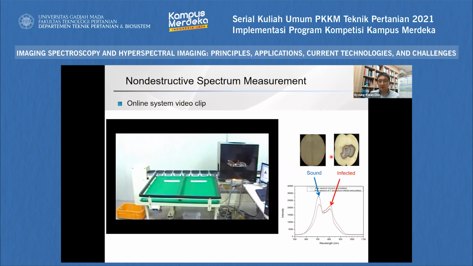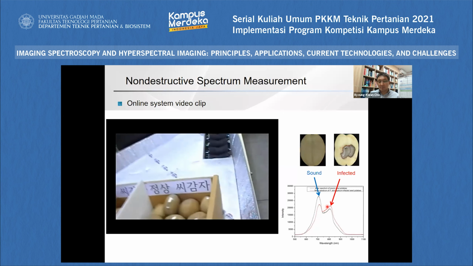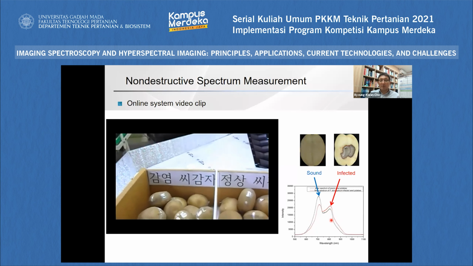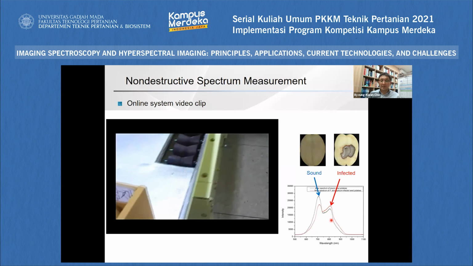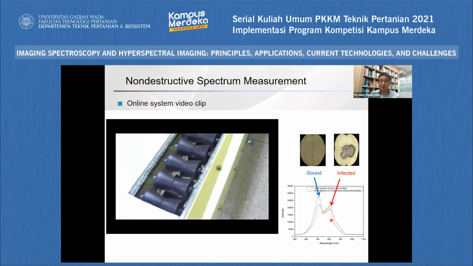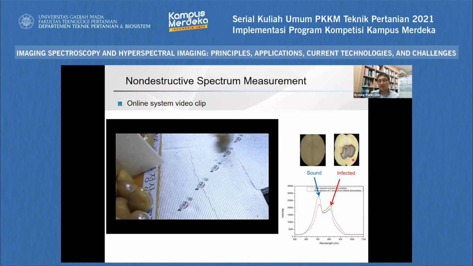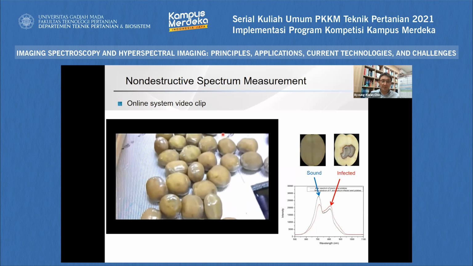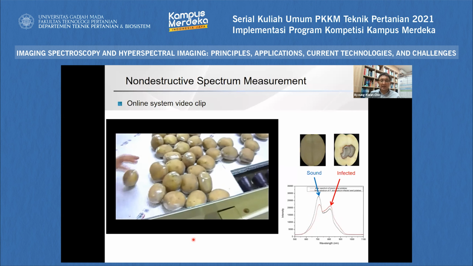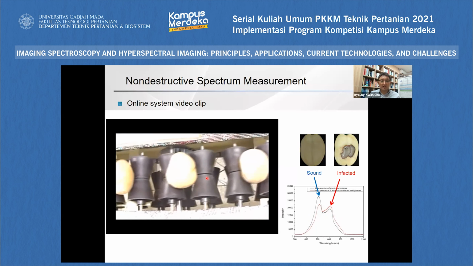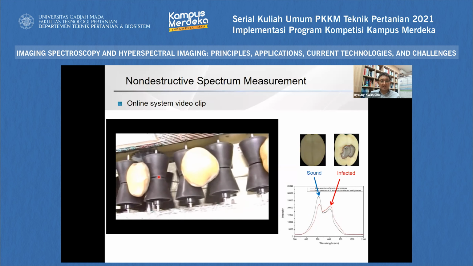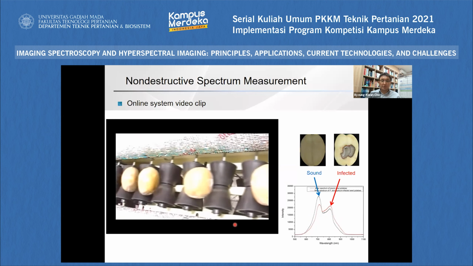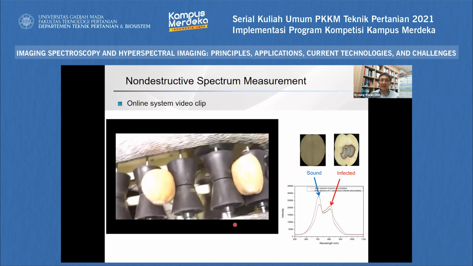The spectra of the sound potato and impacted potato become different, right? So using that information, we can make a prediction, I mean a classification model, to discriminate infected potato from sound potato. This is a blind test. We just dump impacted potato and sound potato together, feeding automatically, and they move to the sensing area like this one.